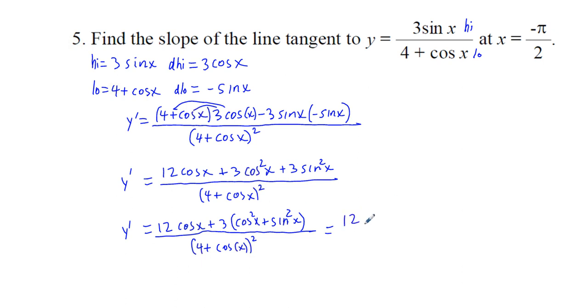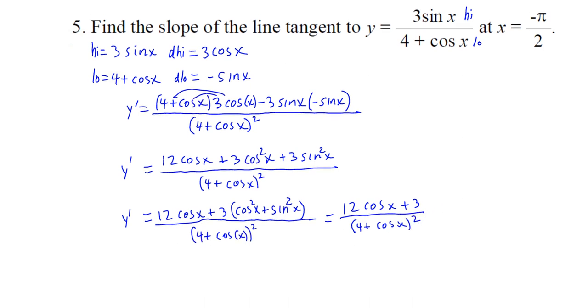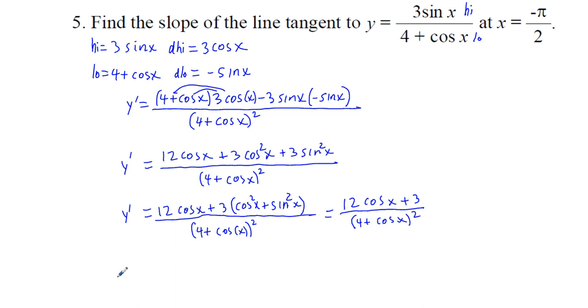So in the numerator, we're going to have 12 cosine x plus 3 times 1. In the denominator, we're going to bring down this 4 plus cosine x squared. And then at x equals negative pi over 2, so we have y prime of negative pi over 2.